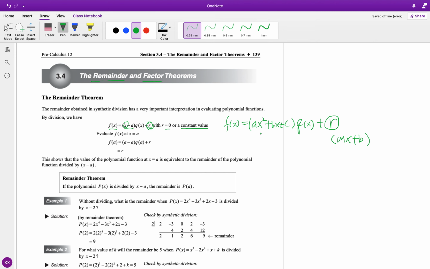All right, however, we do not really consider this kind of thing. The reason is we're trying to find the root of the polynomial function, the root of f(x).